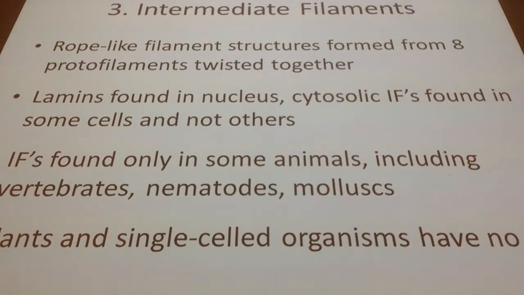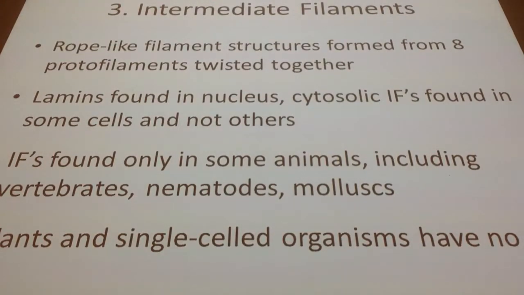Number one, for intermediate filaments there isn't just one monomer. Monomers for intermediate filaments are cell-specific, okay? Depending on the cell type, you would have a certain monomer for intermediate filaments. So that's one difference.